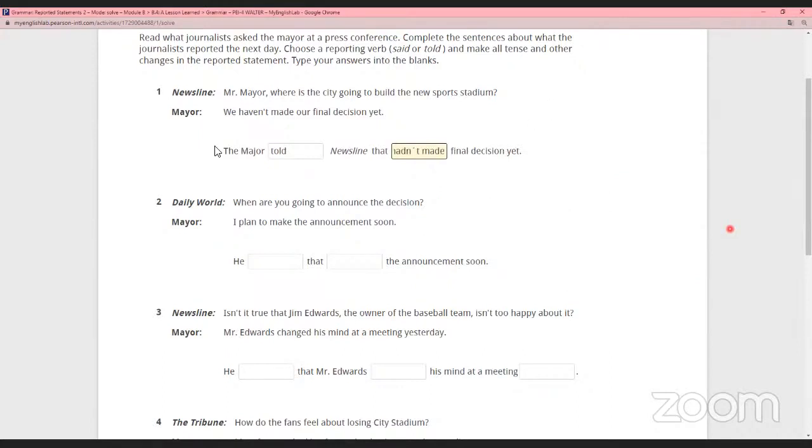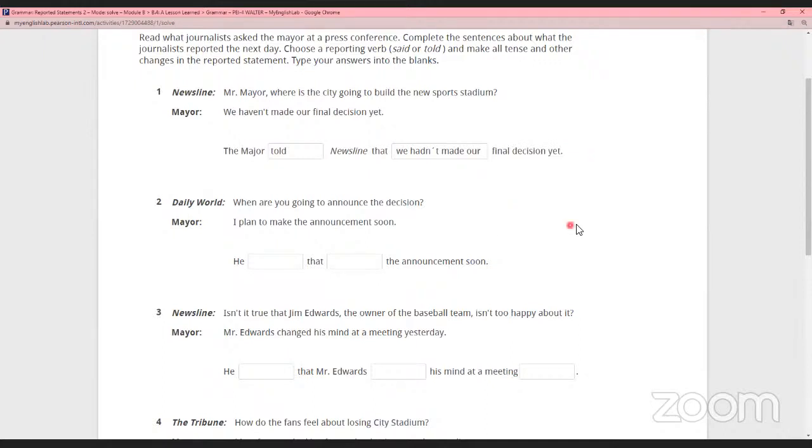Excuse me? Could you please read the sentence? Okay, the mayor told Newsline that we hadn't made our decision yet. We haven't made our decision. Our decision. Yet. No, it's only our, right? Because we already have final, or decision, final. Yet.